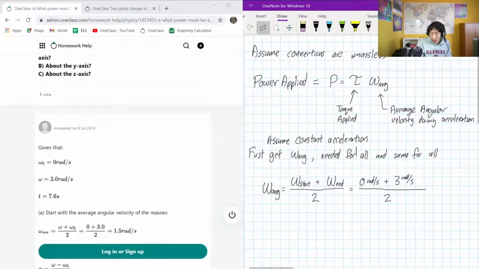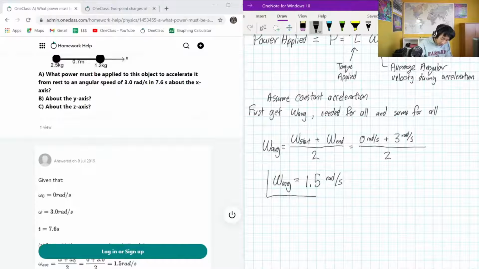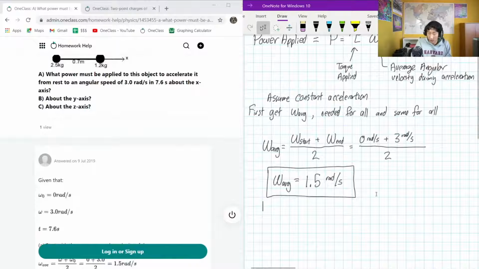Okay, so this is a fairly straightforward calculation. So we know that our omega average has to be 1.5 radians per second. That's going to be important. Okay, so let's square that off.